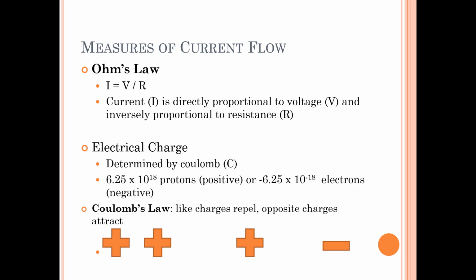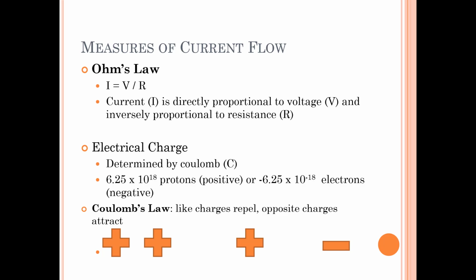The relationship among current, force, and resistance is defined as Ohm's law, which is current, represented by a capital I, is equal to the force or voltage, represented by a capital V, divided by resistance, also known as an ohm, which is represented by a capital R. Another way to think about this is saying current I is directly proportional to voltage V and inversely proportional to resistance R. As resistance increases, more voltage is required to pass the same amount of current through tissues.